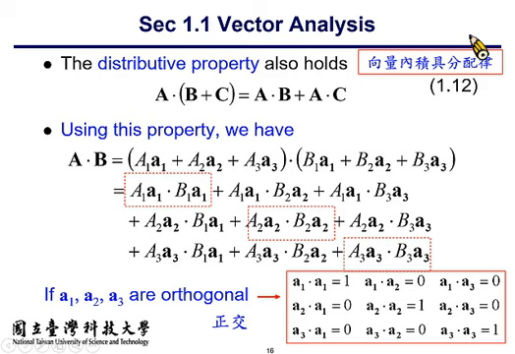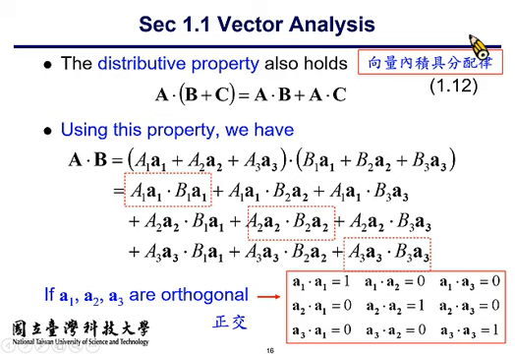Here is another property about dot product, that is the distributive property. So if you do A dot (B plus C), you can do A dot B and A dot C separately, and then combine the results, and the results are the same, right?